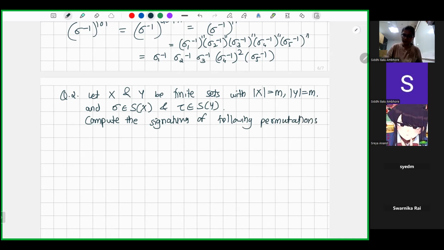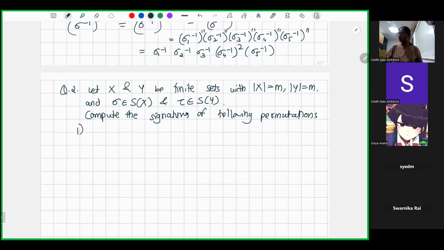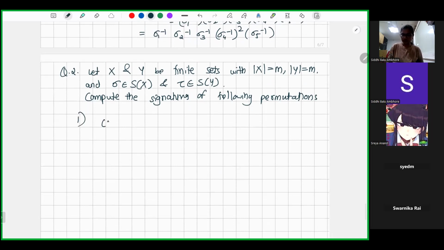We'll quickly do this. So this is my permutation: xy is going to yx, of xy.